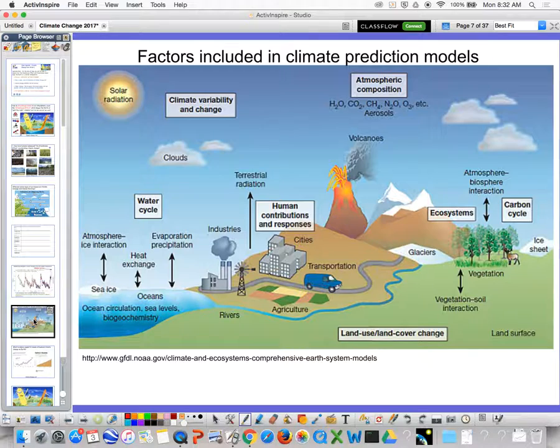And what we're seeing now is there's a lot of activity, much of it human activity, things like industries, transportation, large-scale farming, and the effect on glaciers and ice caps. All these things are adding more greenhouse gases up into the atmosphere, and that is making our planet warmer.